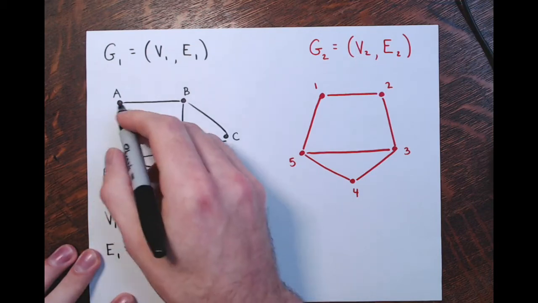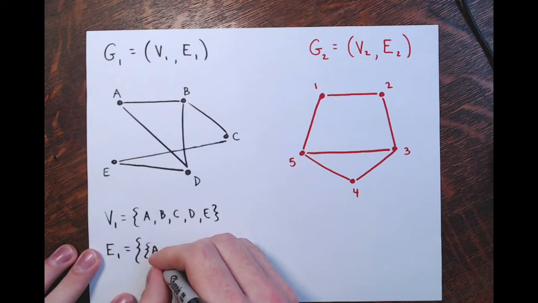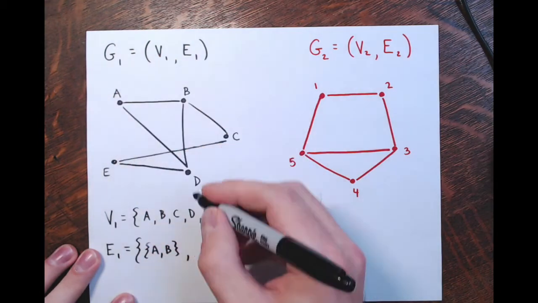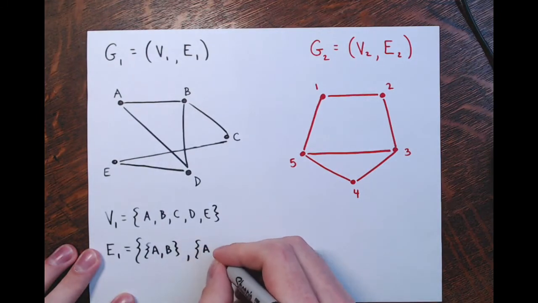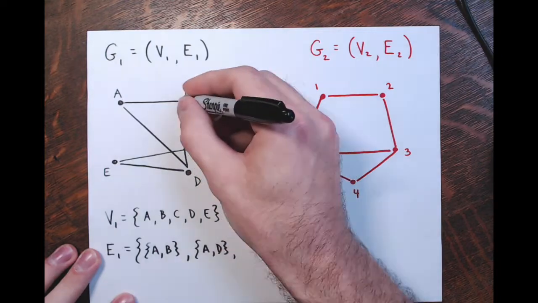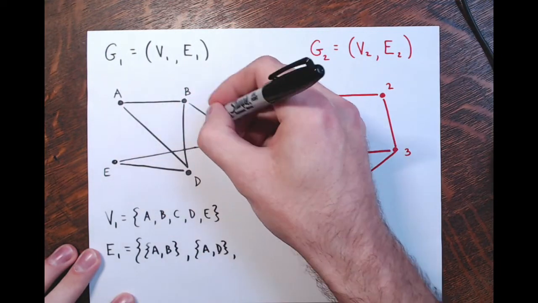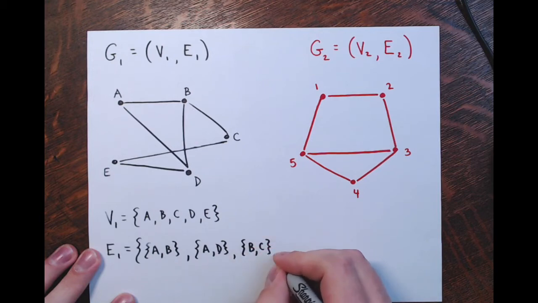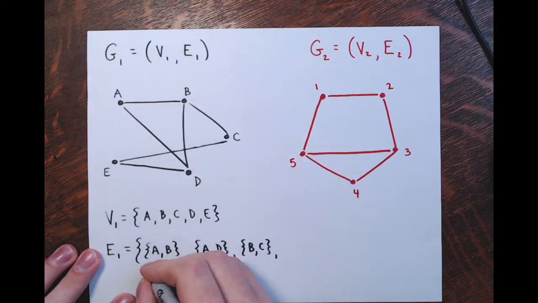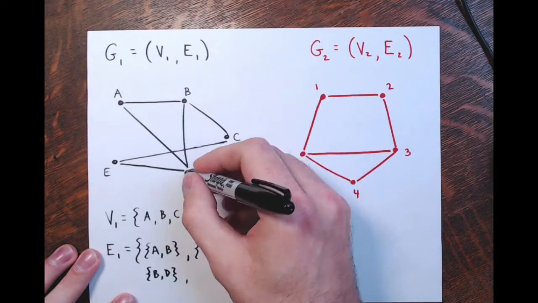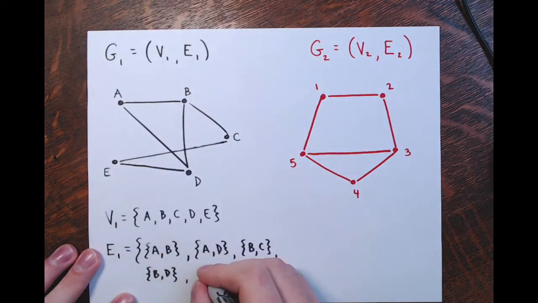And I'll write the edges up. So we've got edge AB, edge AD, edge BA I don't need to do, BC, edge BD, and then C, no CD, CE and DE.